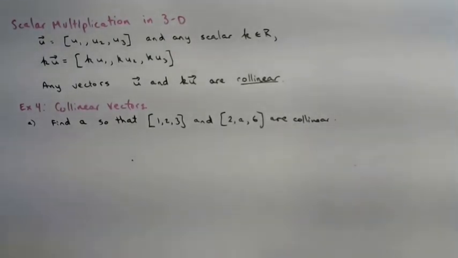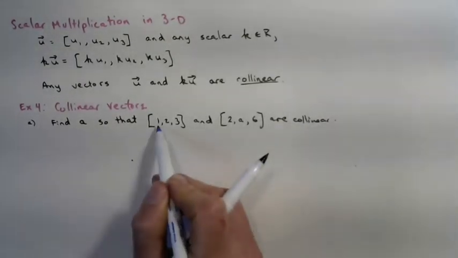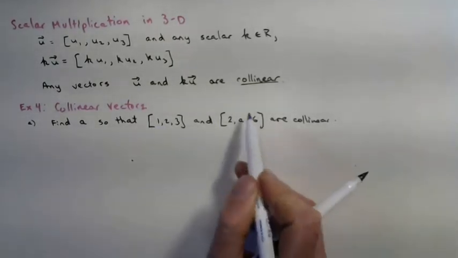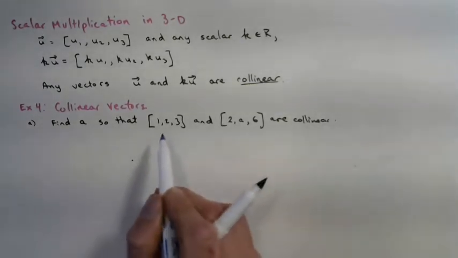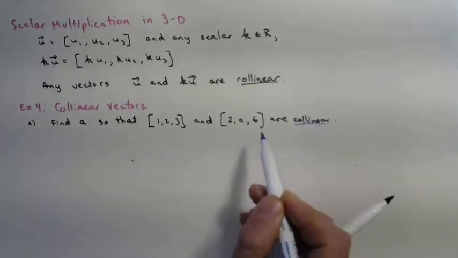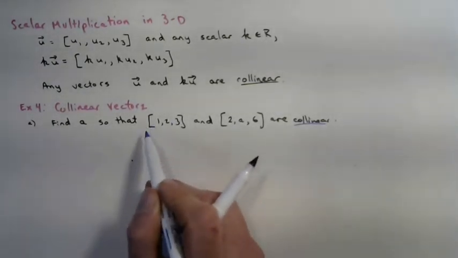Okay, I'm not going to spend too much time on this. You can clearly see that this second vector here, let's call it ku, needs to be a multiple of vector, let's say u.